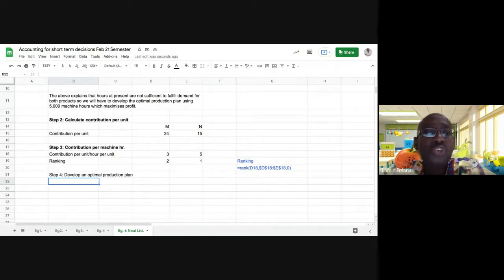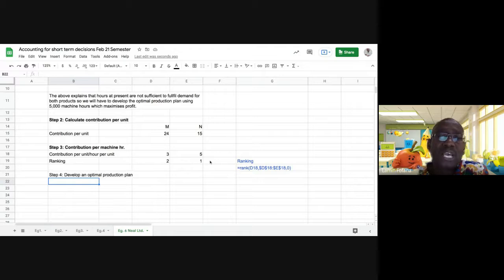So you're trying to advise the production manager and his team as to which products to produce first and at what number. That advice will be based on the calculation of our contribution per scarce resource.